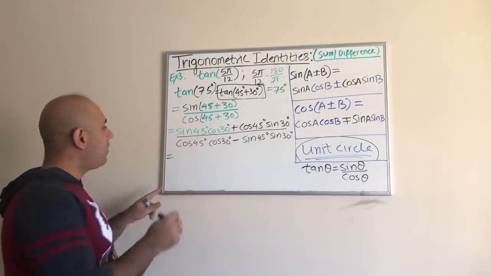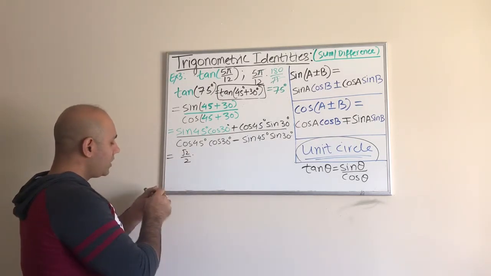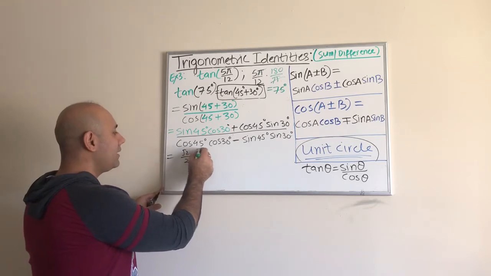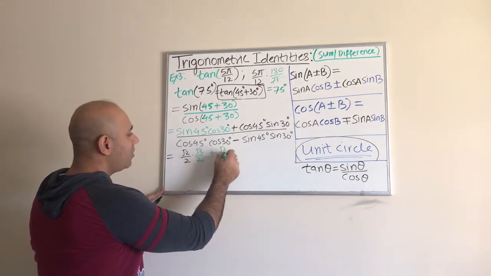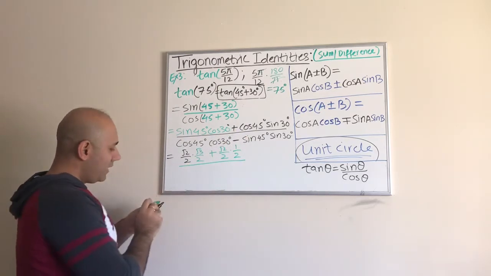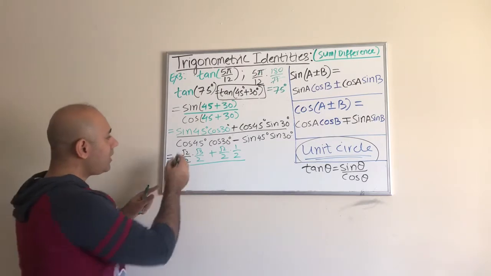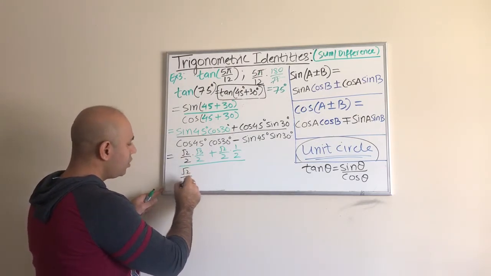Okay, now we have to go back to the unit circle, and we have to substitute the values. Sine 45 is radical 2 over 2 times cosine 30 is radical 3 over 2, then plus cosine 45 is radical 2 over 2, and sine 30 is 1/2. And you divide this whole thing by the cosine 45, and so cosine 45 is what? Radical 2 over 2.